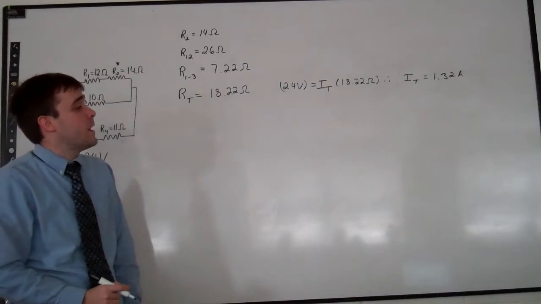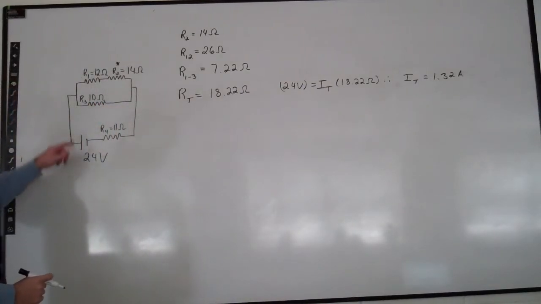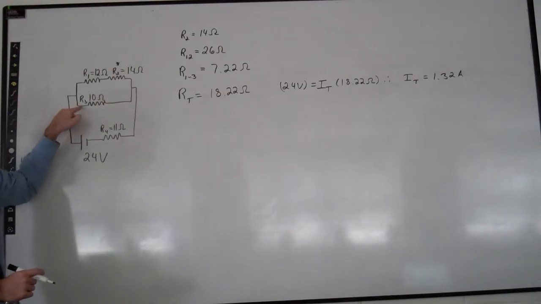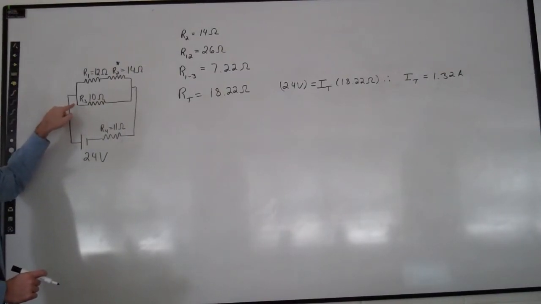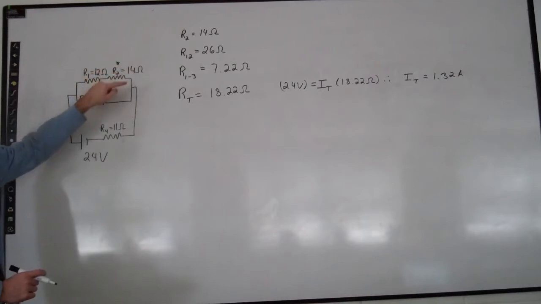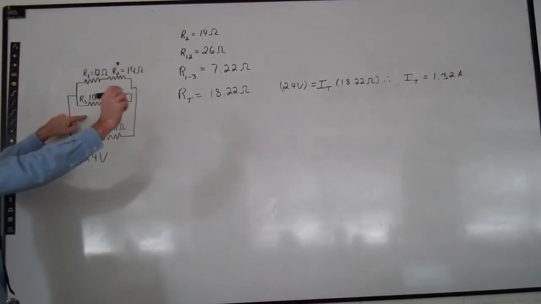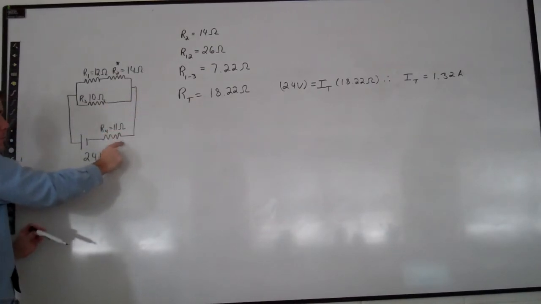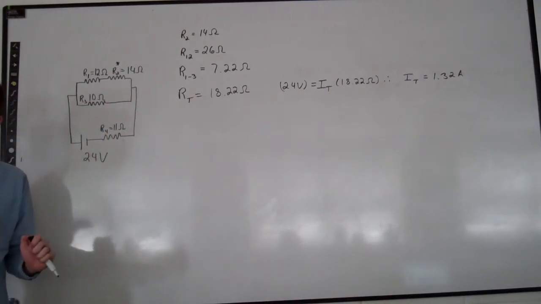Okay, so now what we need to find is the voltage drop across the R123. So we're going to use V equals IR, and we're going to use the resistance of that whole thing, along with the current we just found, because the current through that whole thing is 1.32, the current through this one is 1.32 as well. Everybody understand that?